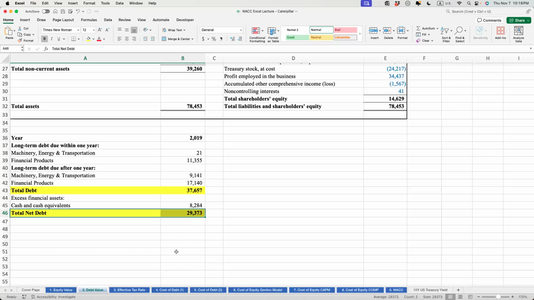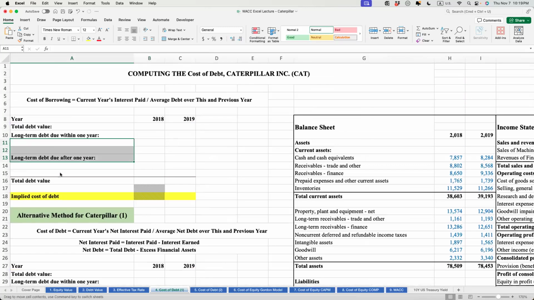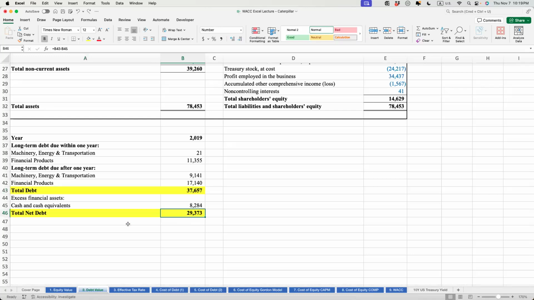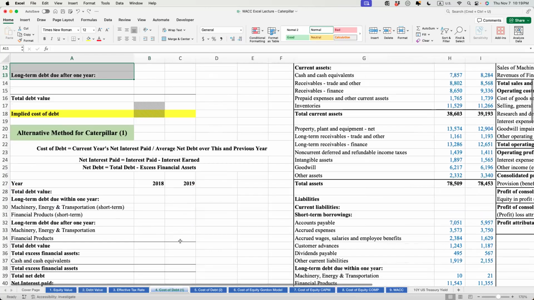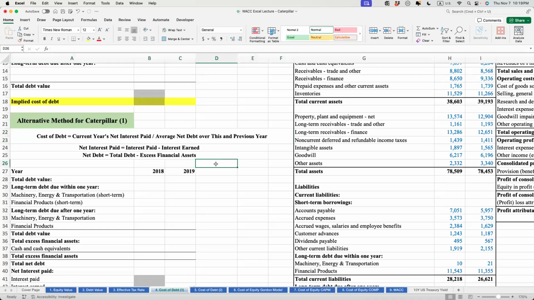If the company is borrowing money through debt to fund their business, then when you're calculating the debt value, you should use total debt, and when you're calculating cost of debt, you should focus on the debt and interest expense. But if the company is borrowing money through debt to fund their cash reserve, then when calculating the debt value, we should use total net debt, and when calculating the cost of debt, we should use the net interest paid divided by net debt.